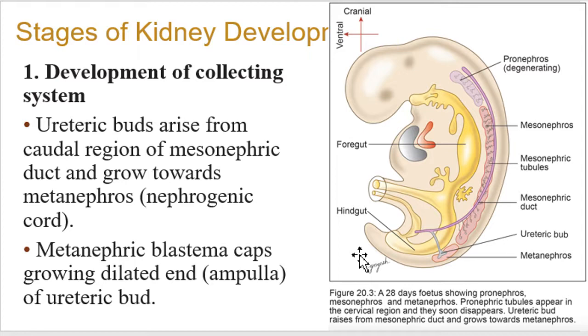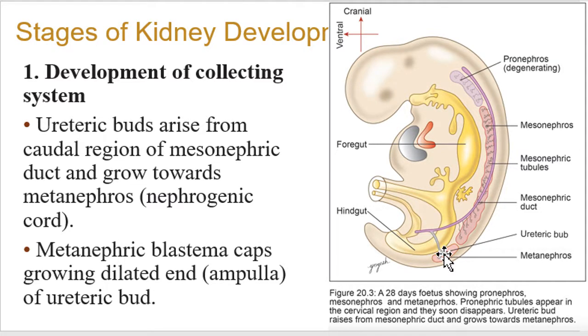The ureteric bud arises from the caudal part of the mesonephric duct, and it grows towards the metanephros.